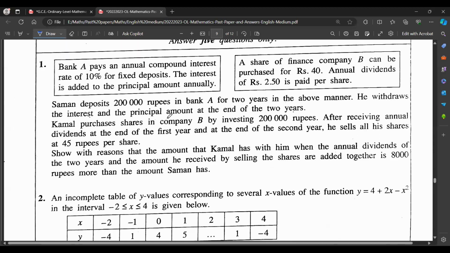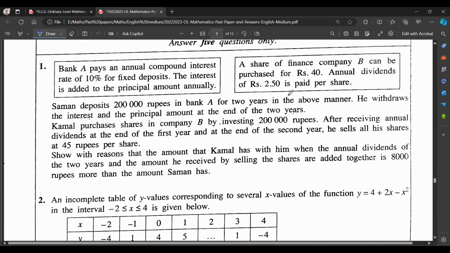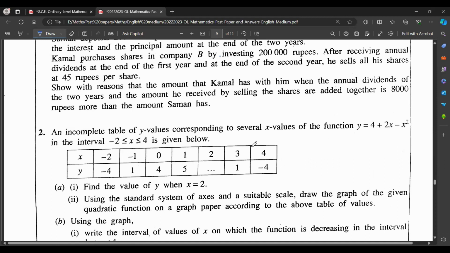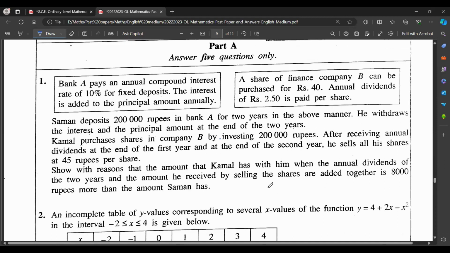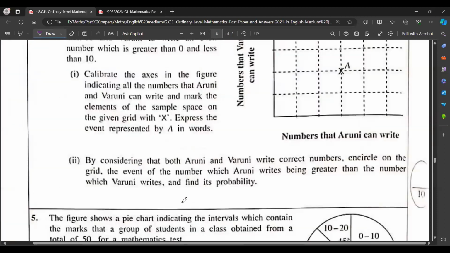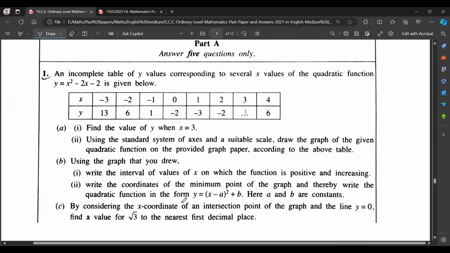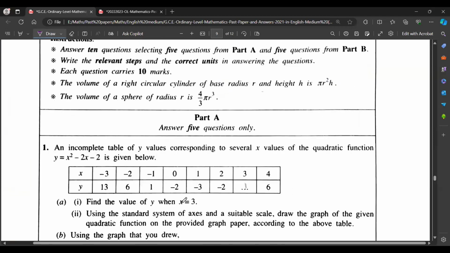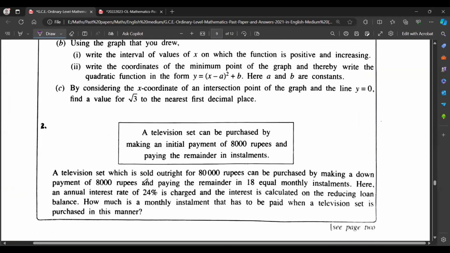Here is the 2022 paper. First of all, they asked compound interest, something related to share market. Then the pie chart.